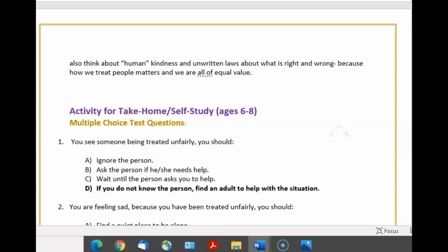So once again, you want to consider the children. So if you're in a culture or community where there is a large disparity, where there is a lot of injustice, and maybe children even at age 5 and 6 have experienced inequity, then you want to be sure to be very sensitive about this lesson and how you work with it.